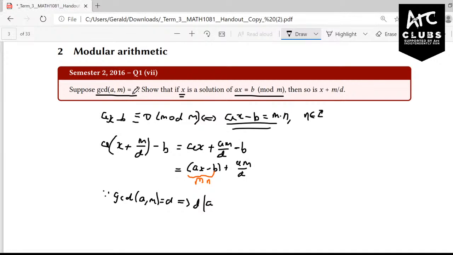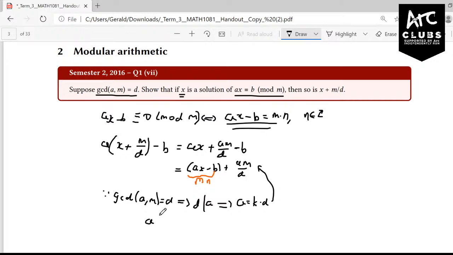So for the GCD to make sense, D must be a divisor of A. And so what that means is that we can write A as a multiple of D. And so from here, we just plug this back into our equation here.